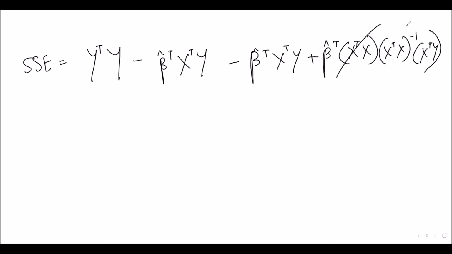So this thing cancels out, and we are left with beta hat transpose. It's better not cutting that. So this is beta hat transpose X transpose Y. Right. It is this one.